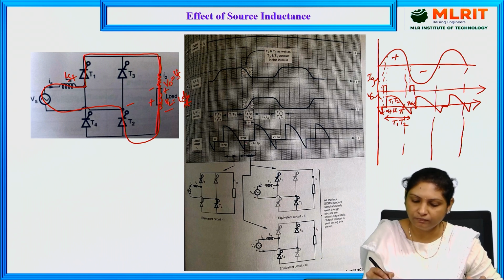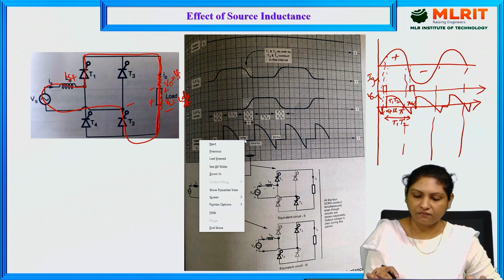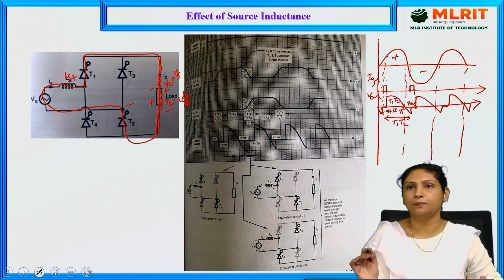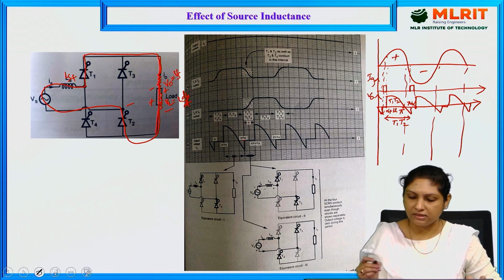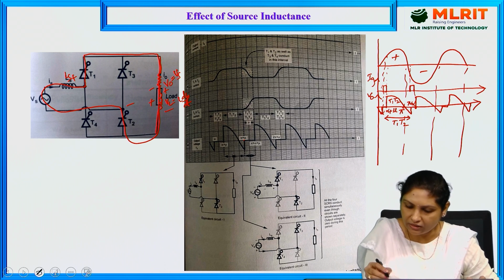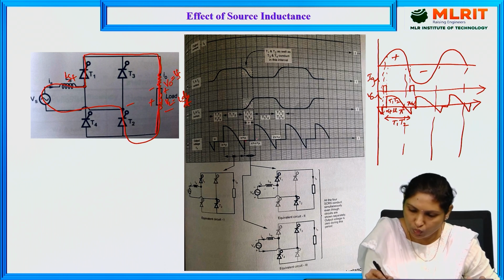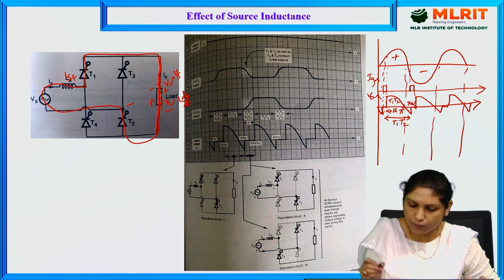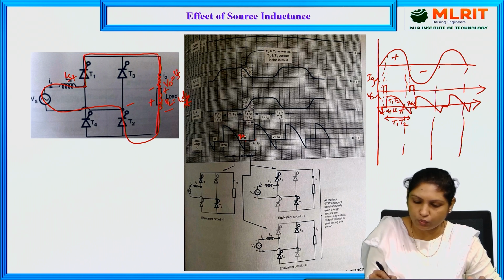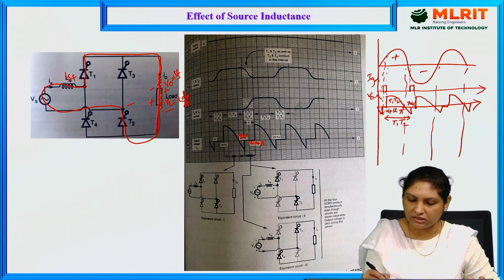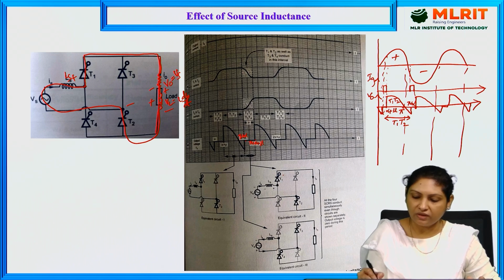If you see here, whatever energy is stored in the inductor is completely dissipated, and T1, T2 actually need to be turned off. But here what happens is, during this period, that is from pi plus alpha to pi plus mu plus alpha, both T1 and T2 are conducting, as well as T3 and T4 are conducting.